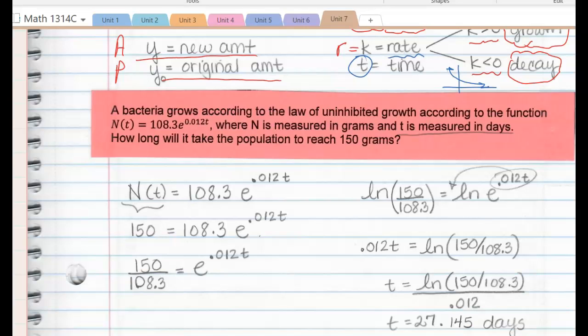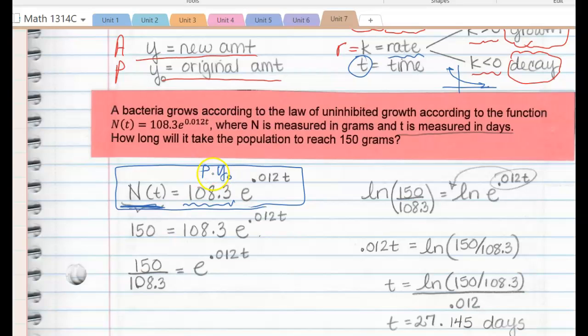So they gave us our equation, and I want to make sure we understand what it means. We can see that we have n of t, that's going to be our new amount after some time. The 108.3, that number is actually representing P, or our y naught, or our initial amount.